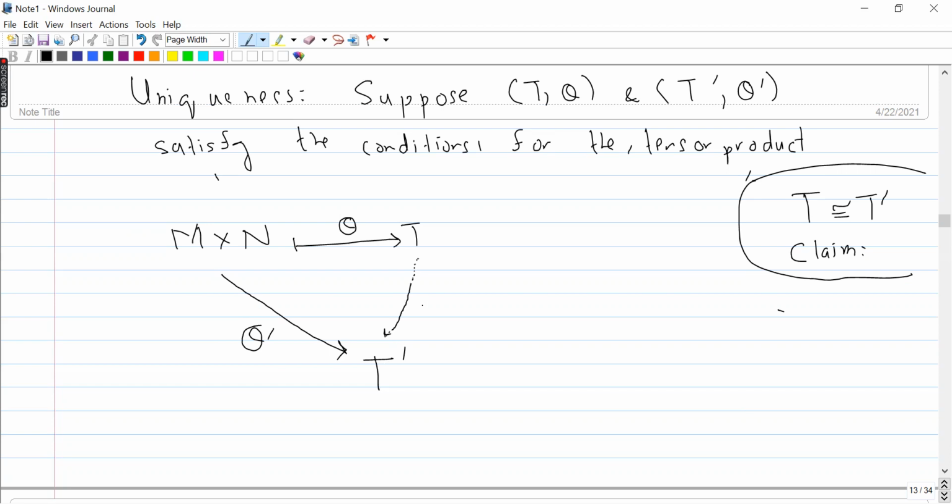So using the universal property, there exists phi, which is a linear map, such that the diagram commutes: first I apply theta and then I apply phi, so it should be equal to theta bar. So here I am just using the universal property of the tensor product.